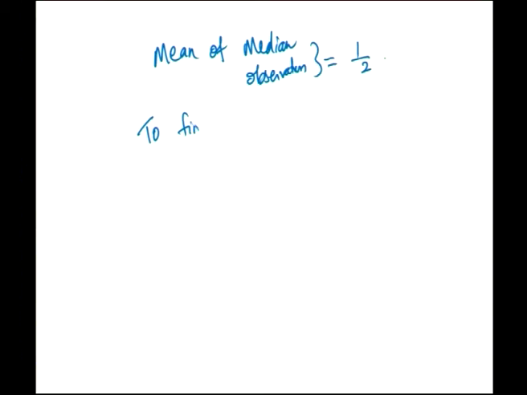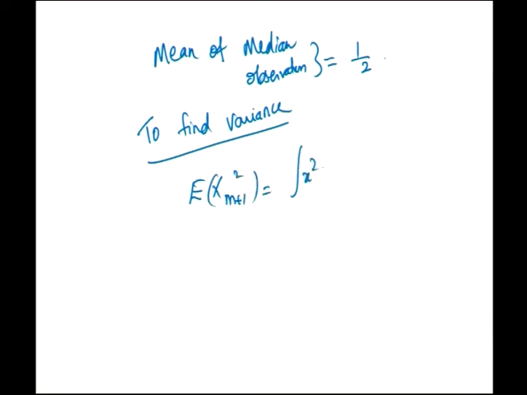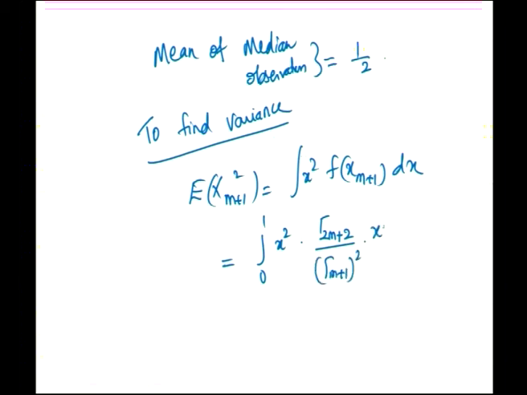Next, to find the variance, we need E of X m plus 1 whole square observation, which is the integral of x square into f of x m plus 1 dx, integrated in the usual format, substituting all the things: integral 0 to 1, x square into gamma 2m plus 2 by gamma m plus 1 whole square into x power m into 1 minus x whole power m dx.